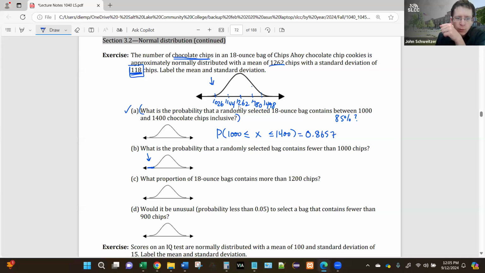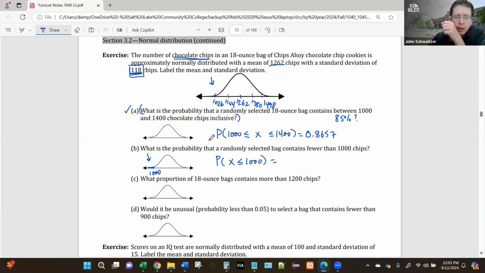There's 1,000 way down here. What's the probability that a randomly selected bag has fewer than 1,000 chips? Well, the distribution does extend down there, so it's possible there's a bag that has fewer than 1,000 chips, but how likely is it? Or in other words, P of X less than or equal to 1,000.